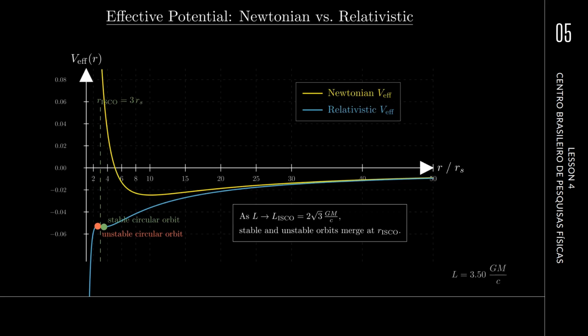So when they merge here, this radius is exactly 3 Schwarzschild radii. Okay, and it's what we call the innermost stable circular orbit. Below that, things cannot orbit the black hole anymore.